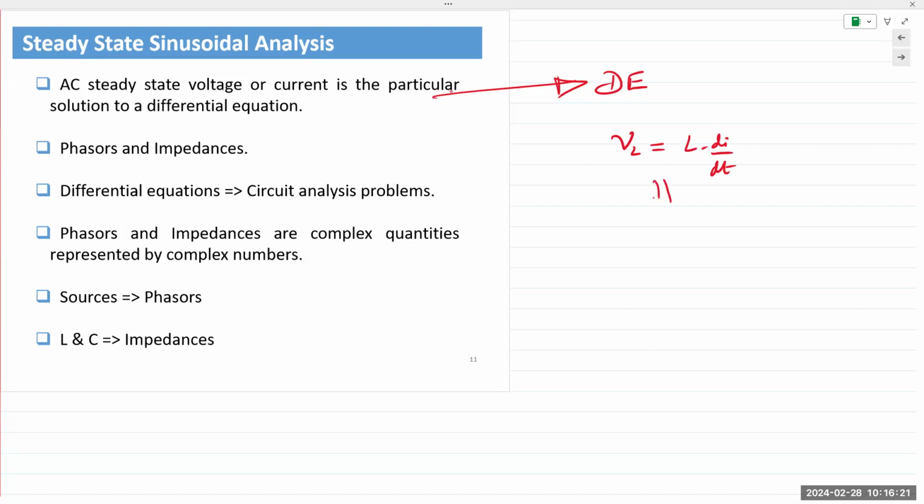Well, when we do a transform and represent it using complex numbers, we don't have to do that anymore. We can simply apply Ohm's law and find voltage using IL times ZL. That's it. We do simple multiplication from the inductor current and the inductor impedance, but the quantities are complex numbers.